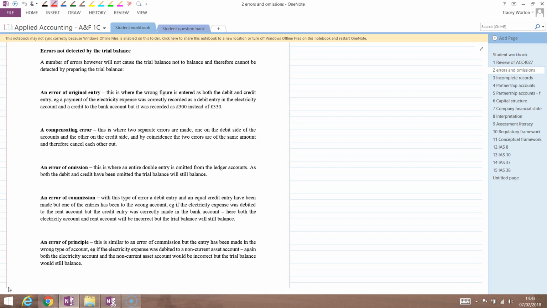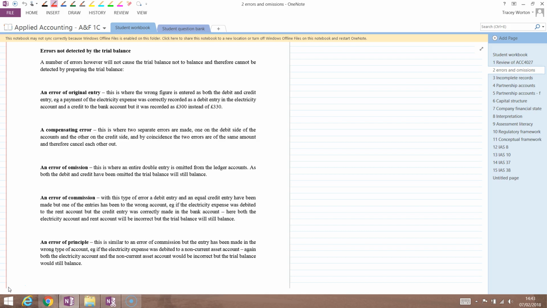still balance. You could have made an error of commission, so this is where the error of the debit and the credit entry is equal, but one of the entries has been made to the wrong account. So for example, electricity expense has been debited to the rent account. They're both expenses, but in this case the electricity expense will be too low and the rent account will be too high.